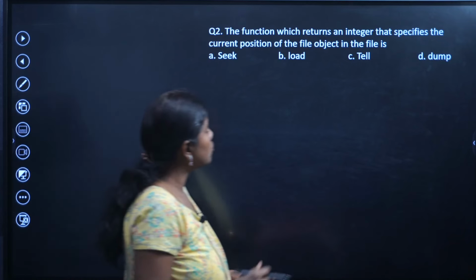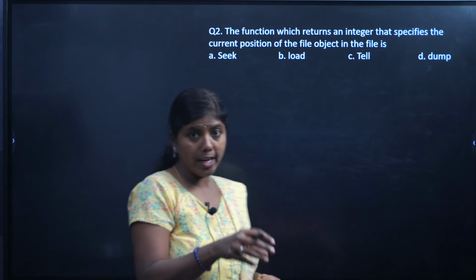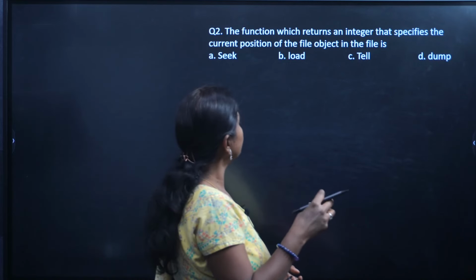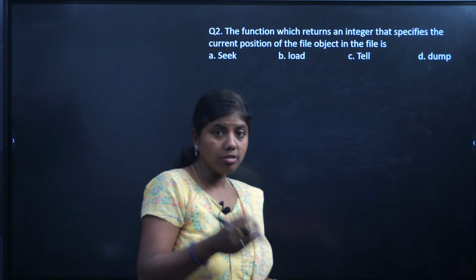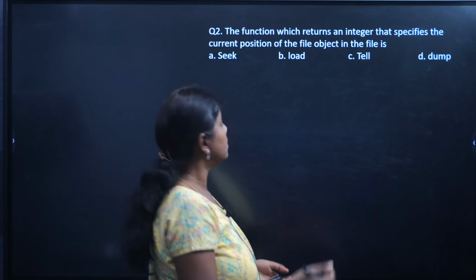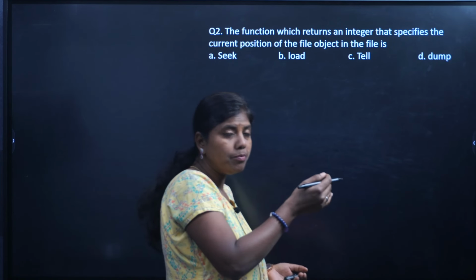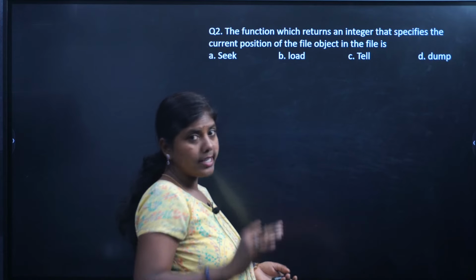The function which returns an integer that specifies the current position of the file object. Whenever you open a file, it returns a file object. If you want to take the file pointer to your desired position, that's seek.